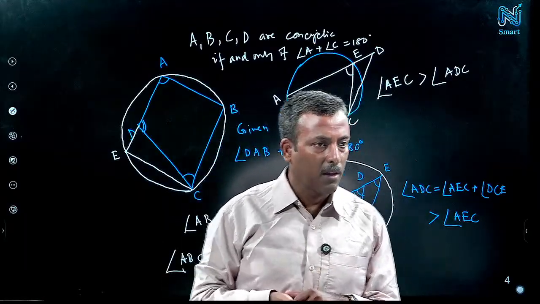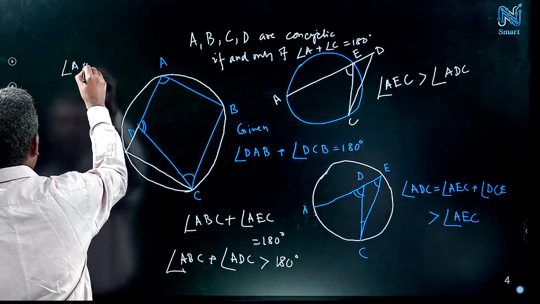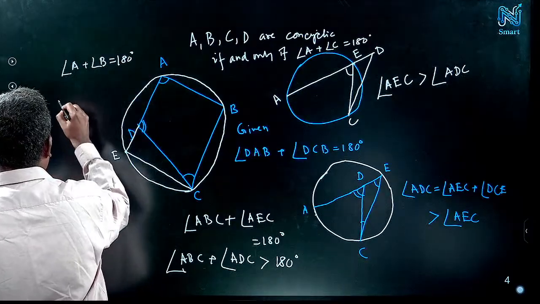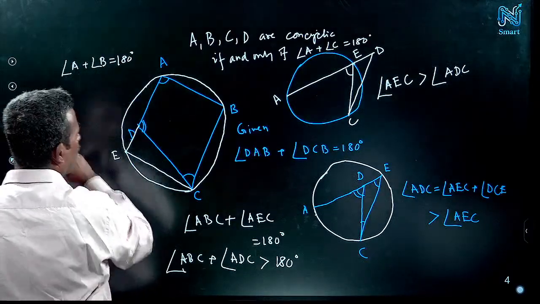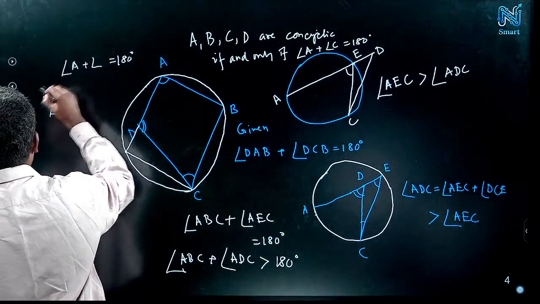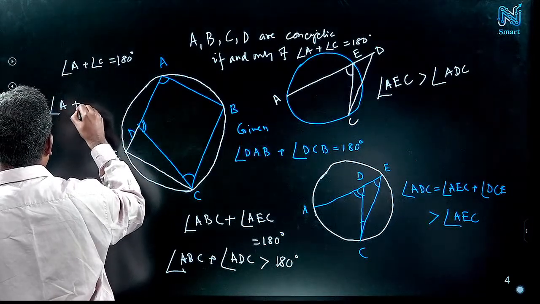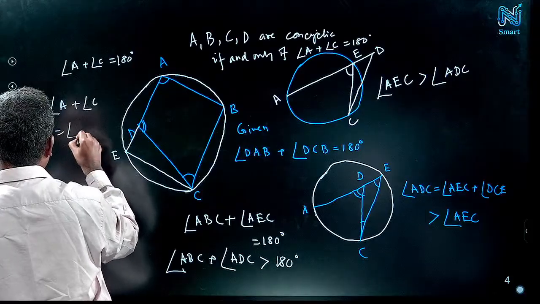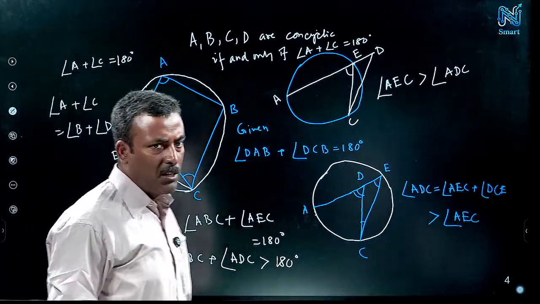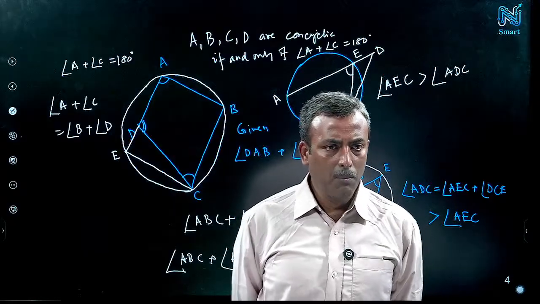Angle A plus angle C is equal to angle B plus angle D. If I say angle A plus angle C is 180 degrees, is it the same as saying angle A plus angle C is equal to angle B plus angle D?